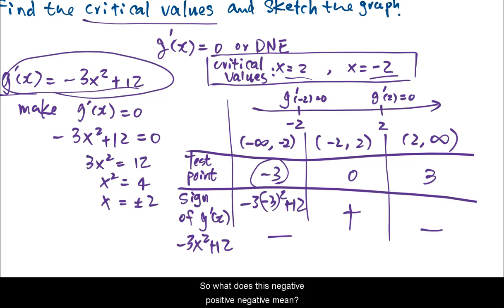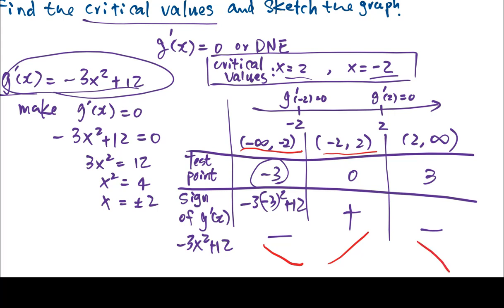So what does this negative, positive, negative mean? That means during this first interval, your graph is decreasing. In the interval negative 2 to 2, your graph is increasing, and from 2 to infinity, your graph is decreasing, right?